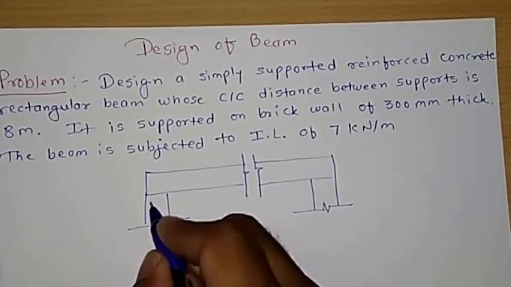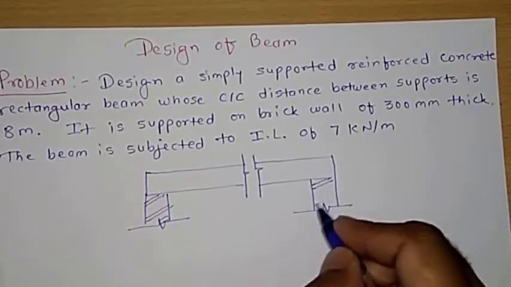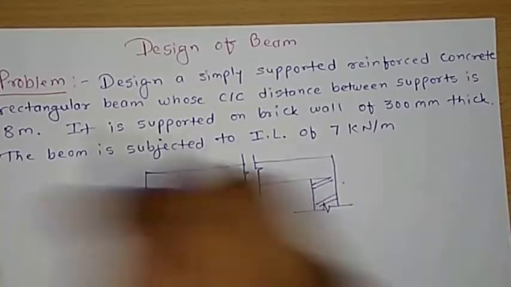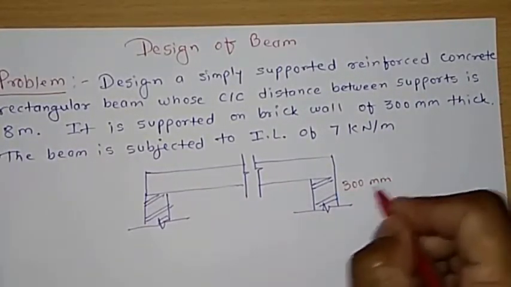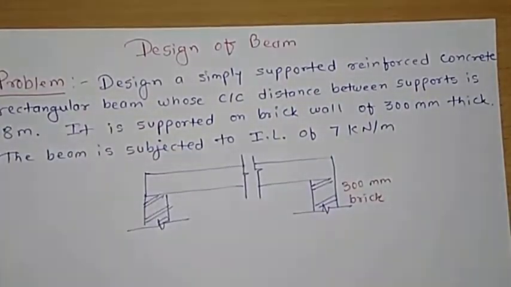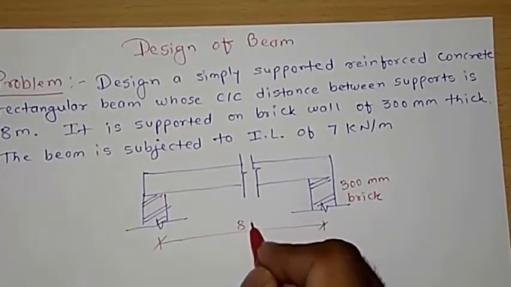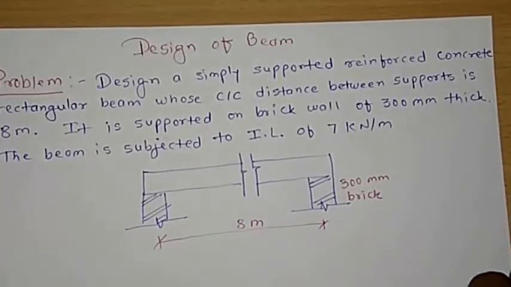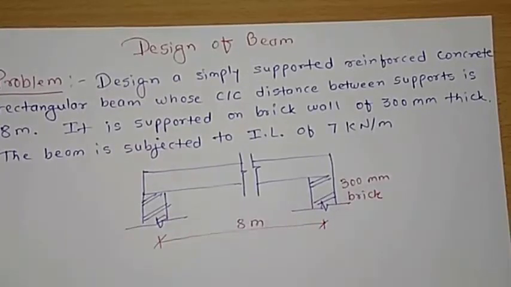You have this center to center. This is actually brick wall, which is 300 mm thick. And you have this center to center distance, that is 8 meter. And you do have the imposed load of 7 kN per meter on that. And to design it, we'll go one by one, step by step.